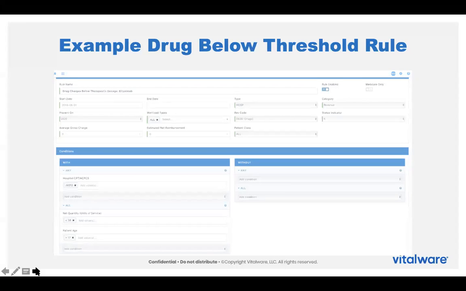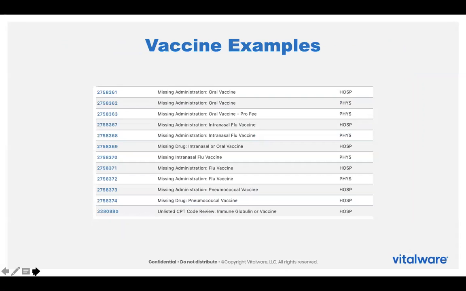Flag this rule, trigger it, put a stop bill on it. There's something wrong with this. And so you're able to catch these inappropriate billing units early on. So, and we just did over 17 for this example because 18 is an adult.